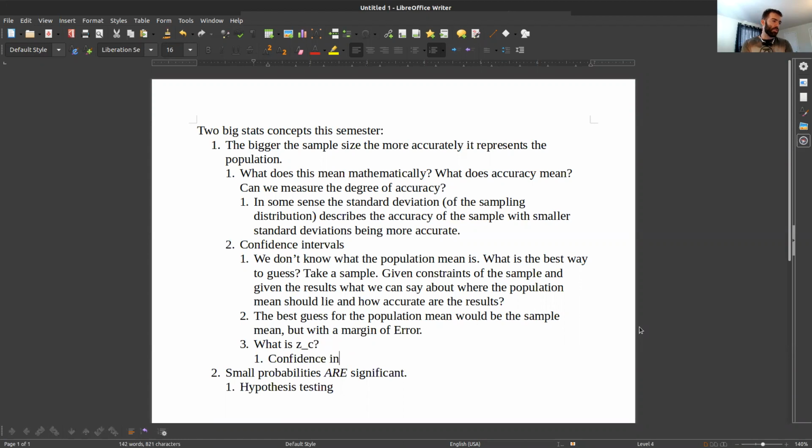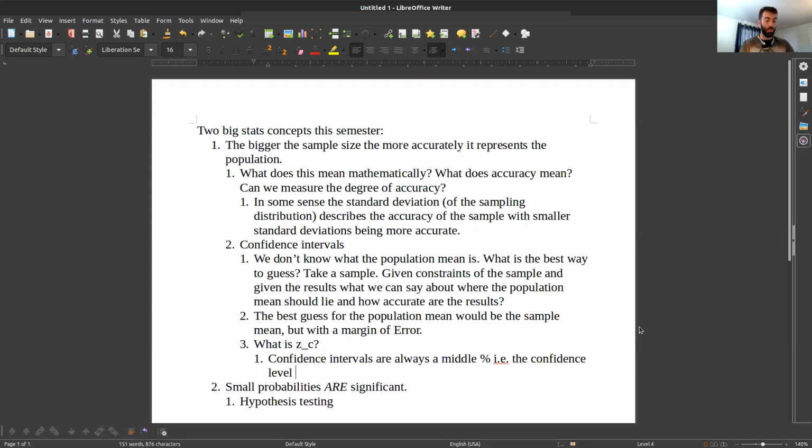So confidence intervals are always a middle percent, i.e. the confidence level, which is given as a percent, 90% confident, 95% confident.